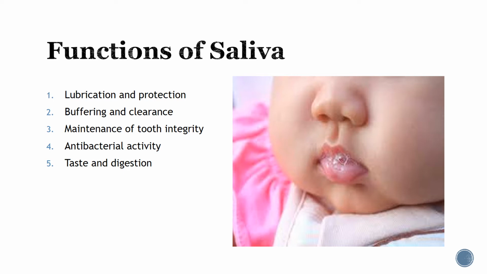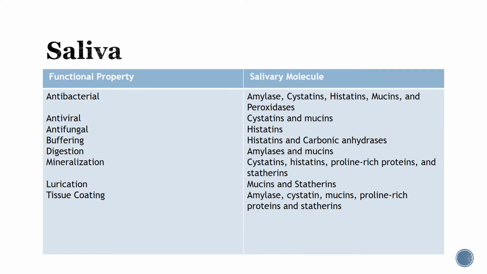The functions of the saliva include lubrication and protection, buffering and clearance, maintenance of tooth integrity, antibacterial activity, taste, and digestion. The major salivary glands are regarded as the principal source of salivary antimicrobial substances such as immunoglobulin A, lactoferrin, lysozyme, and peroxidase.